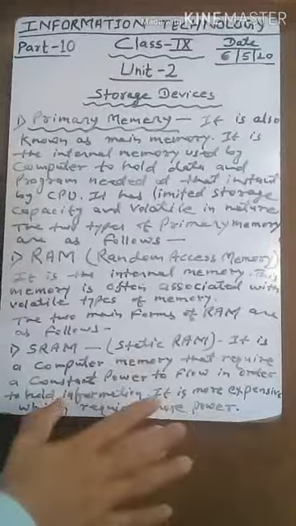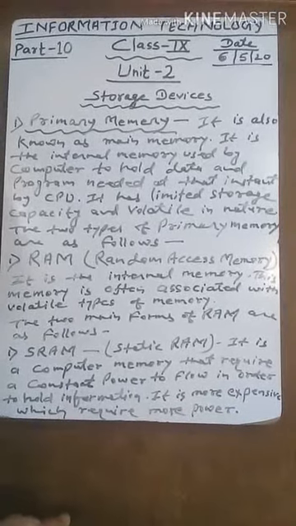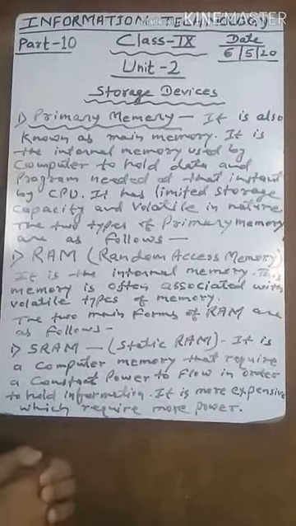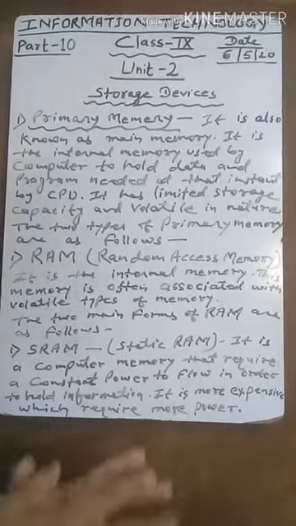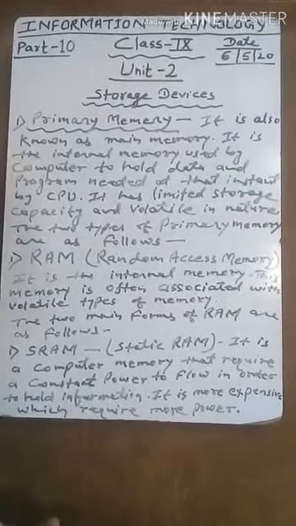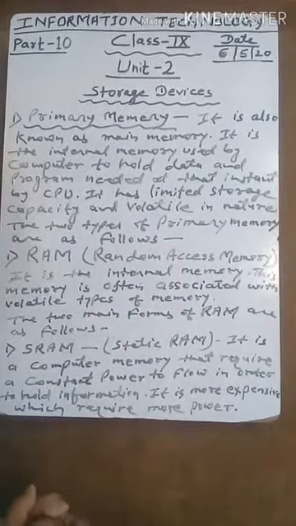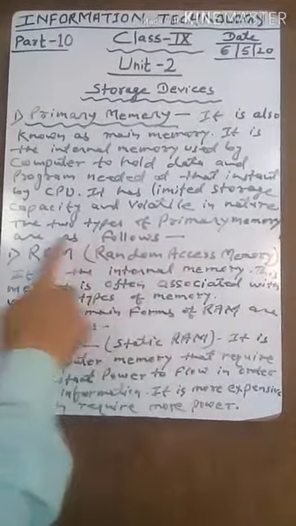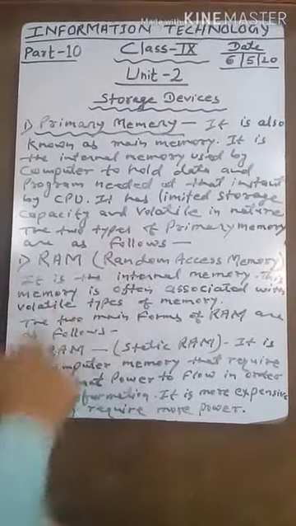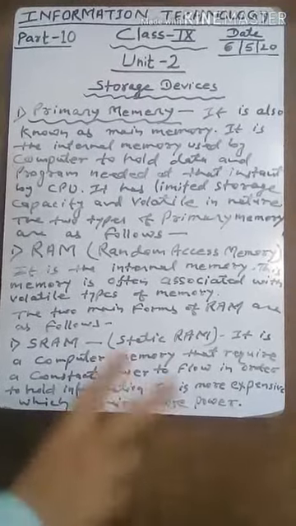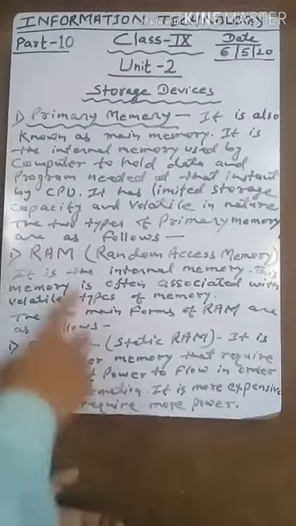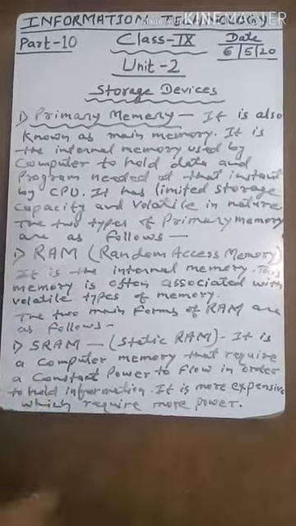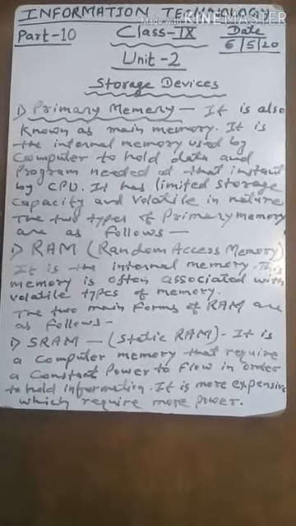It has limited capacity of data. This is the primary memory. Now we can divide the primary memory into two main parts. There are two types of primary memory, RAM and ROM.